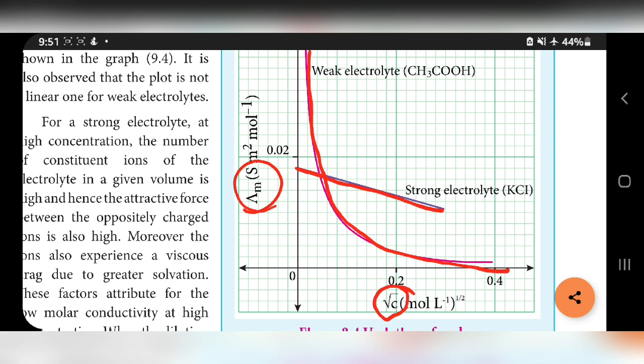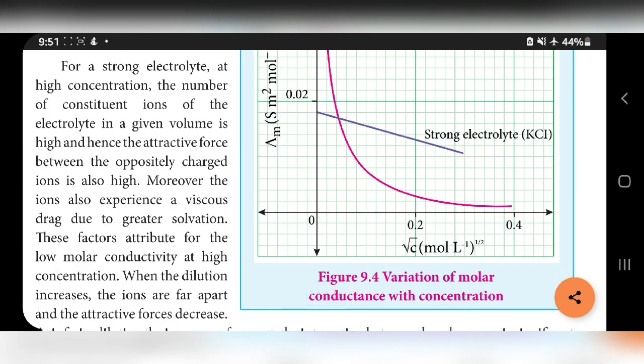For a strong electrolyte at a high concentration, the number of constituent ions of the electrolyte in a given volume is high. If concentration is more, more ions are present.